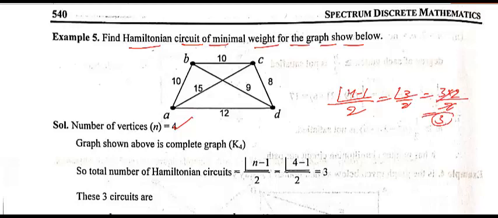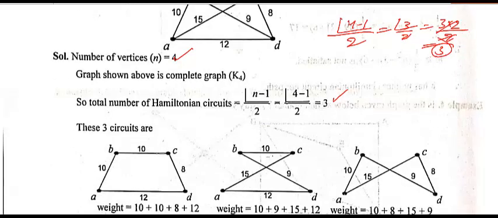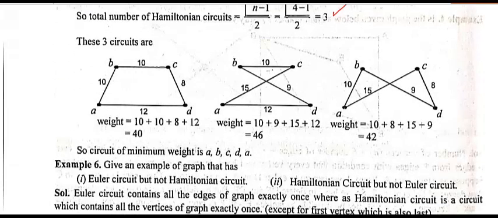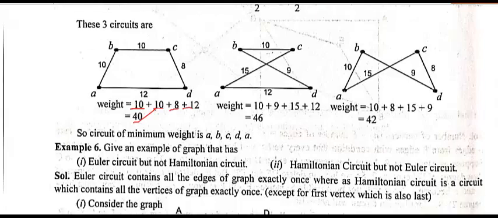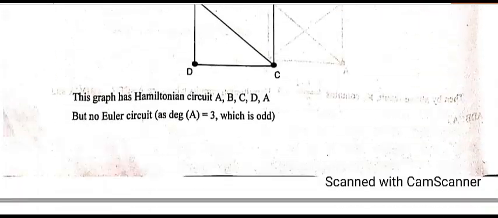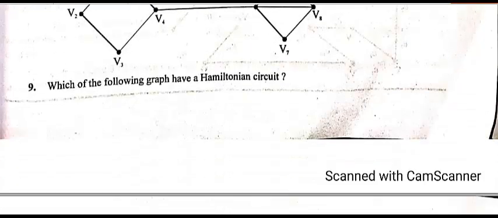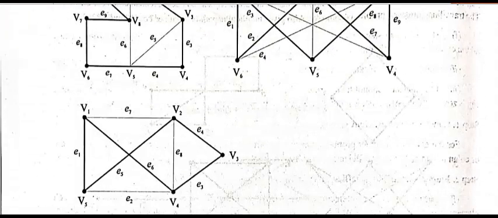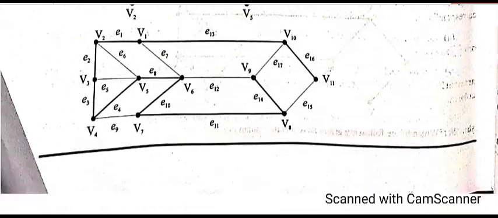So there are 3 Hamiltonian circuits. And they have discussed all the Hamiltonian circuits and the weights also, meaning we are adding all the weights also. Correct? You can go through these examples, and we have exercise 1.5. So kindly do this exercise. Very, very easy. Thank you very much.